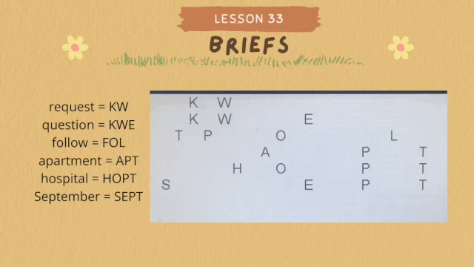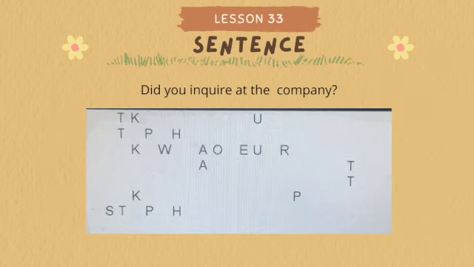Okay, so speed and accuracy is really important when we want to be a machine stenographer or court stenographer. Okay, or even transcriptionist, any work that we can use the machine or the steno writer.